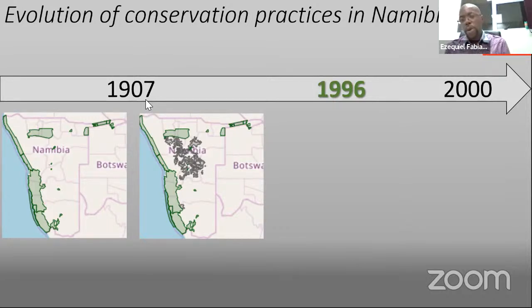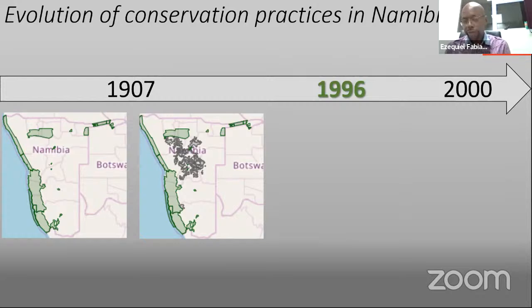These were then followed by the establishment of what we call freehold conservancies. So in the second figure in the middle, here really the concept of conservancy starts to emerge, which is basically the idea that farmers manage their land as a single unit.